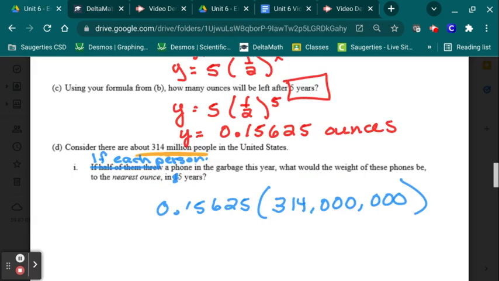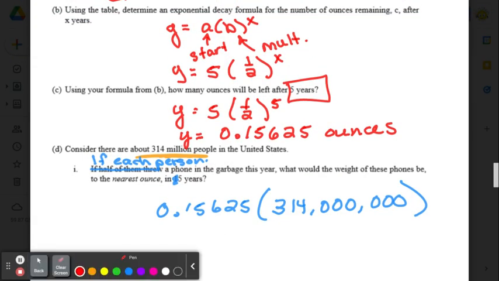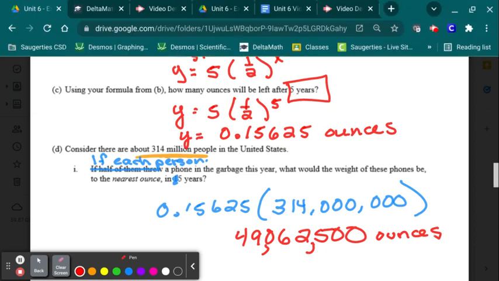Hopefully I write this correctly. 4. So now I'm going to put my commas in so I know how to say this. Okay. 49,062,500 ounces. And just because we normally talk in pounds, I'm going to convert that.